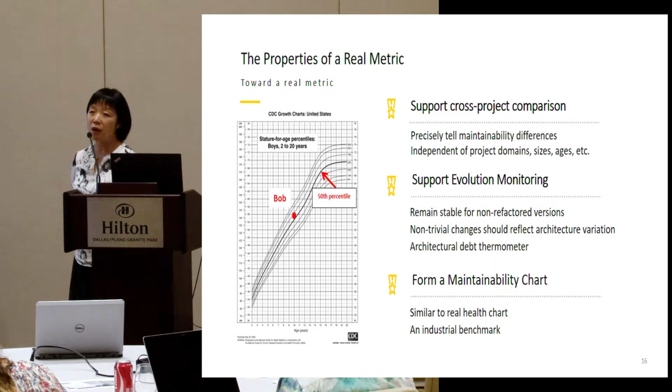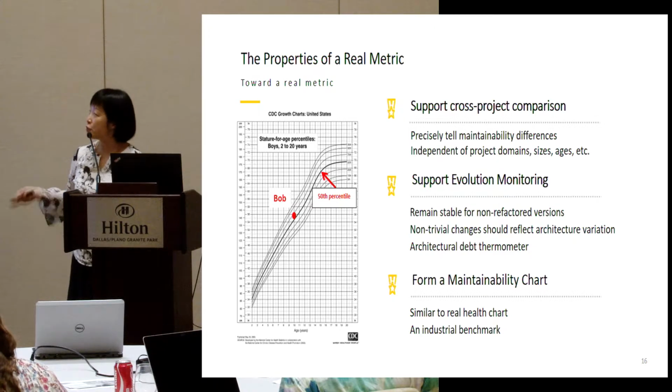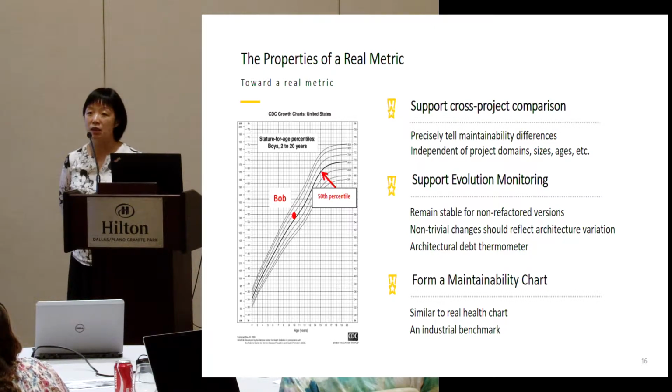Then that will give management a very straightforward judgment of how good the maintainability of their system is. So we hope we can collect enough data to form this health chart. Now we have about 300 projects or so, and if any of you are willing to contribute to this database, please contact us. Okay, so these are the three major properties we think a real metric should have.